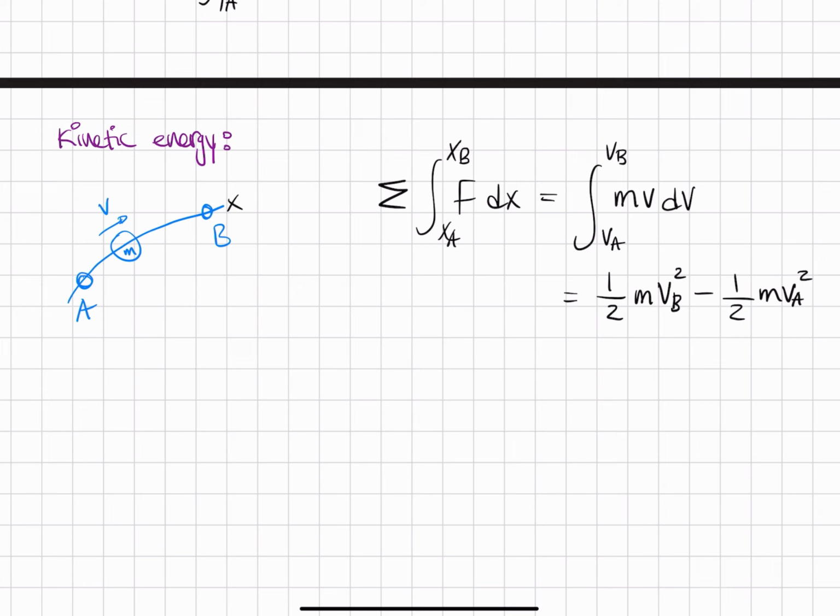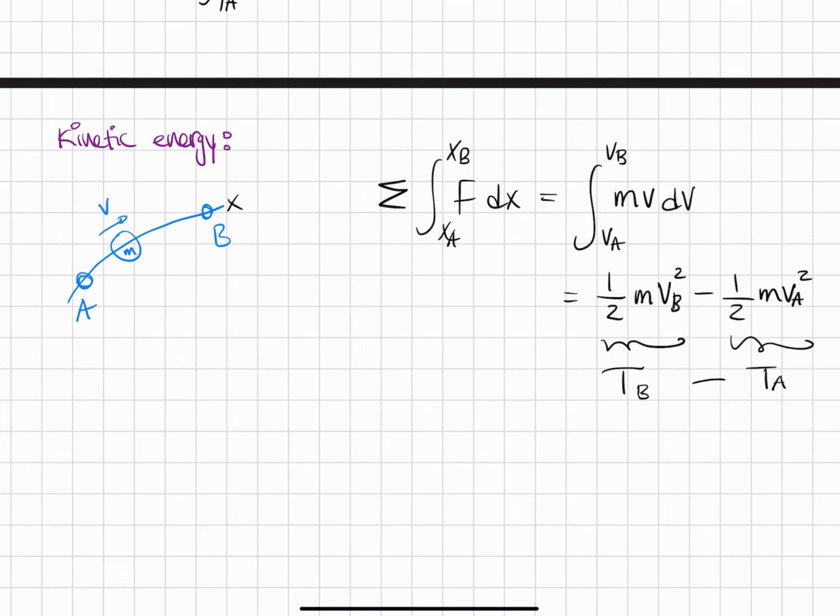So in this context, we could say this is the kinetic energy. By the way, for kinetic energy, we use the term T to describe it. This is TB, and here you have TA, and these two are subtracted from each other.